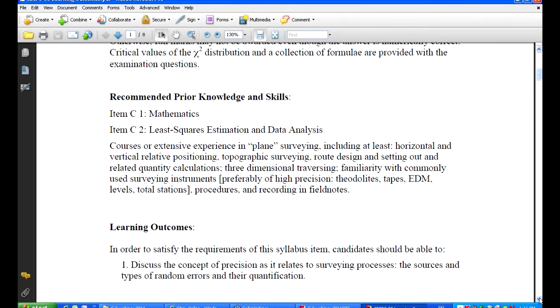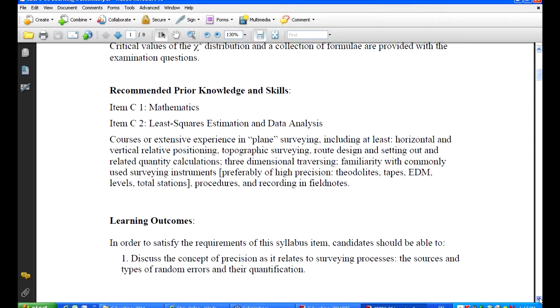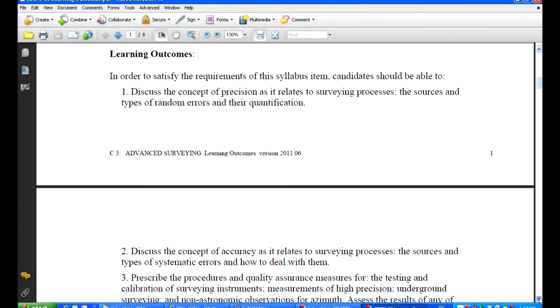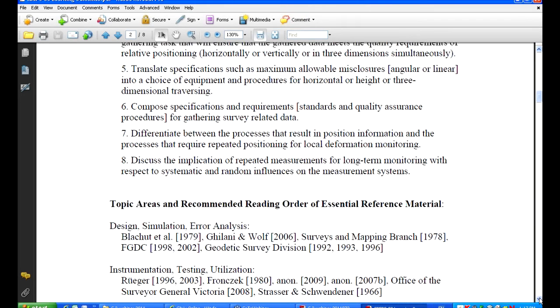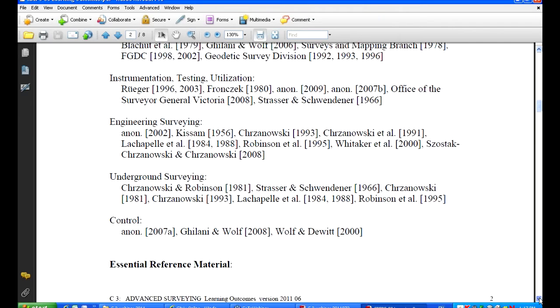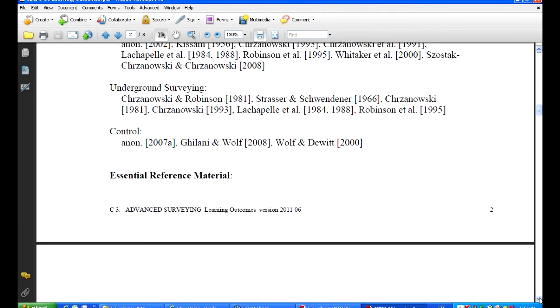So in the version that was before this, sometimes you didn't see Greek letters and formulas the way they should have presented themselves. And I think the learning outcomes, the only difference now is that there's the version 2011-06 at the bottom.